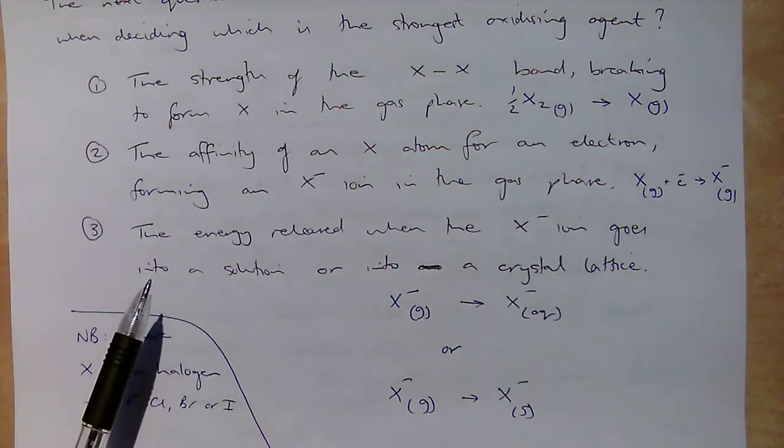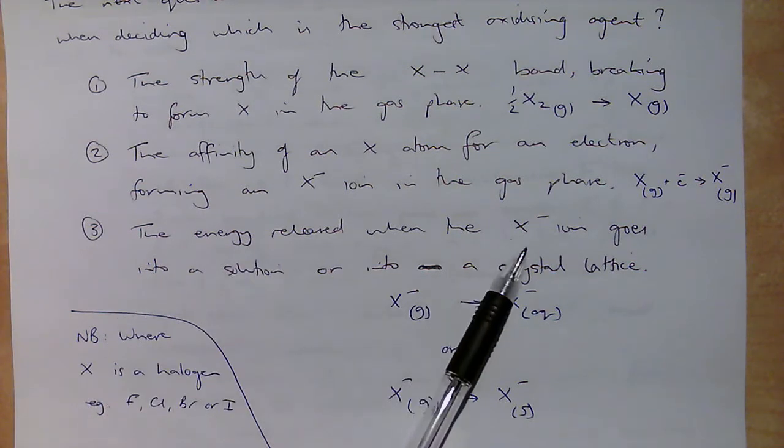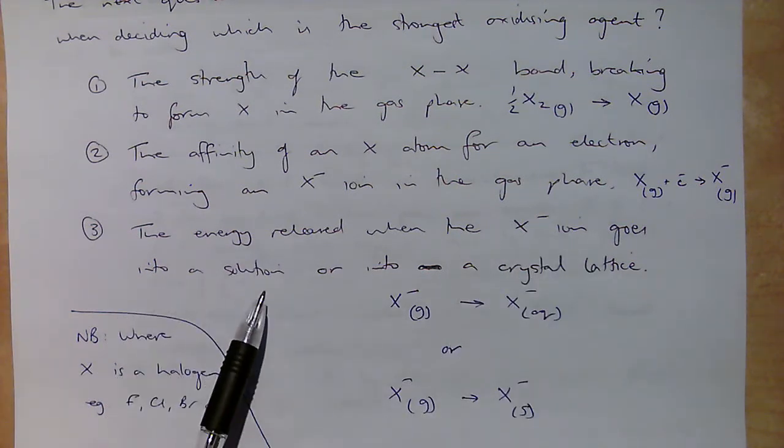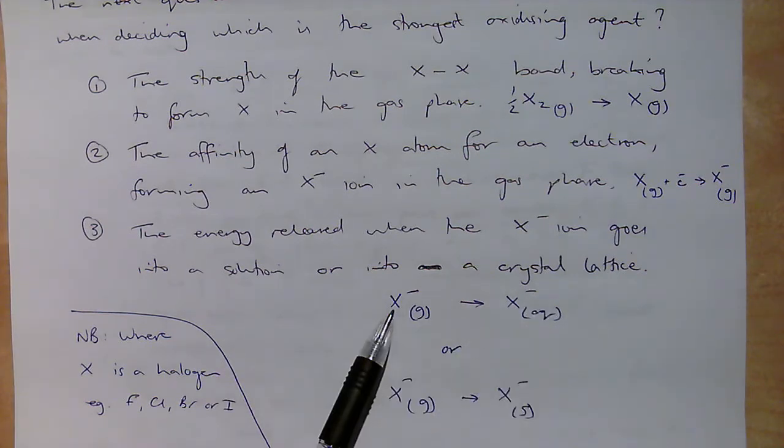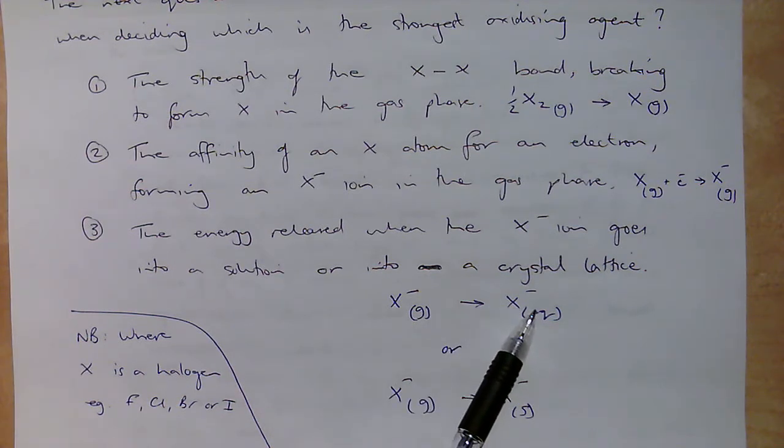And then finally we've got to consider the energy released when the X minus ion either goes into solution or enters into a crystal lattice. So when the X minus ion from the gas phase goes into solution, or when the X minus ion from the gas phase goes into the crystal lattice.